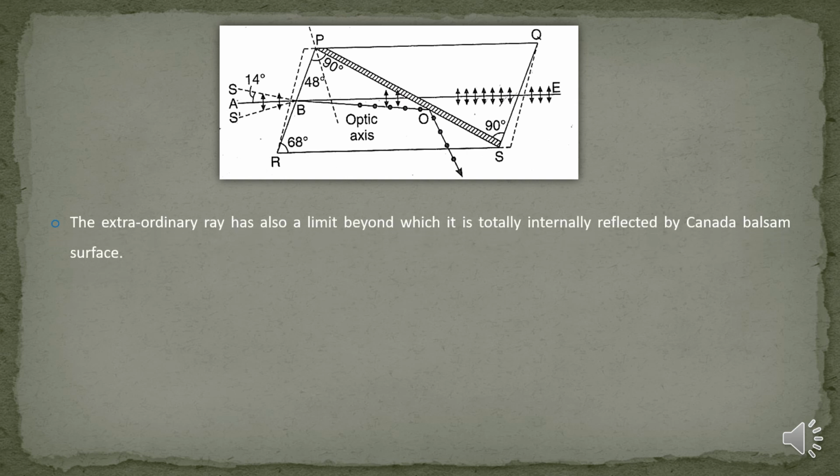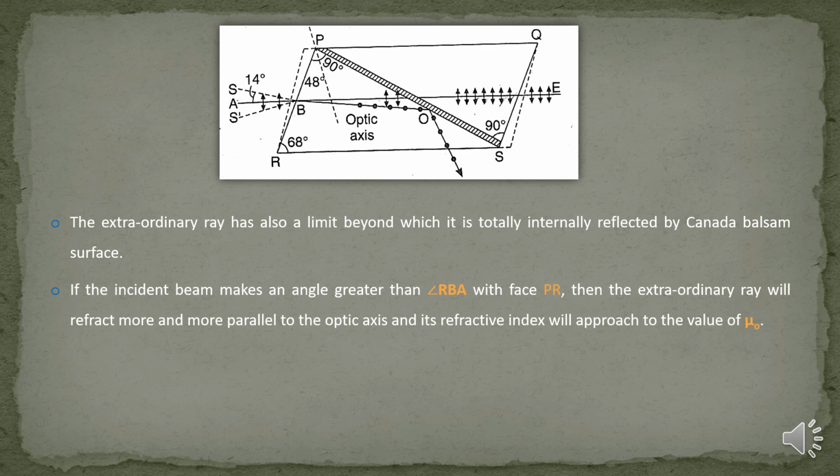The extraordinary ray also has a limit beyond which it is totally internally reflected by the Canada balsam surface. If the incident beam makes an angle greater than angle RPA with face PR, the extraordinary ray will be refracted more and more parallel to the optic axis, and its refractive index will approach the value of mu naught.